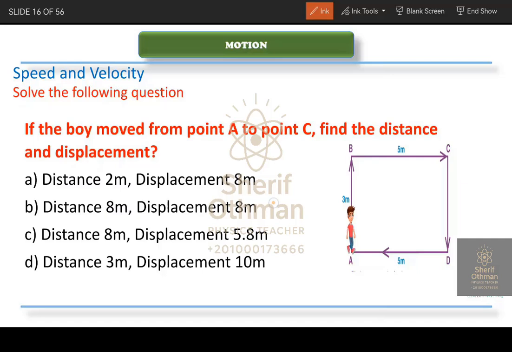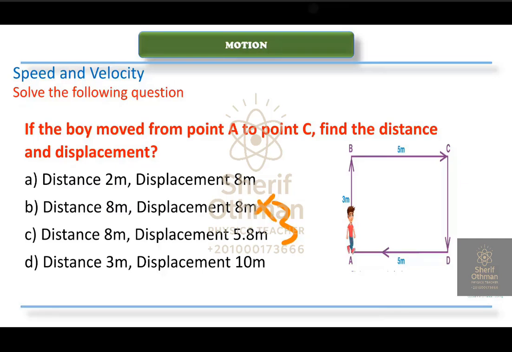It will be one of these answers. And by the way, the displacement is never equal to the distance unless the object is moving in a straight line. So this answer is not correct. So the answer is C, without calculating displacement. You don't need to calculate displacement.